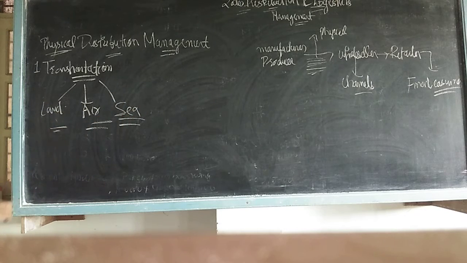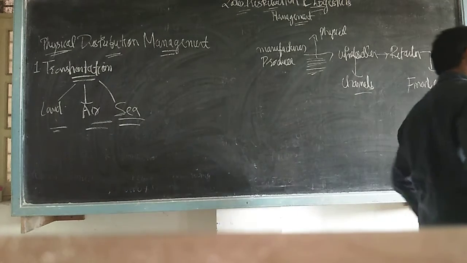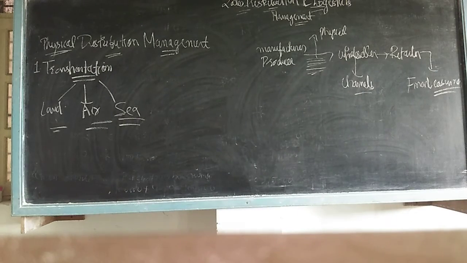So these are the three basic modes of transportation or carriage of products from the producer or the manufacturer to the final consumer.